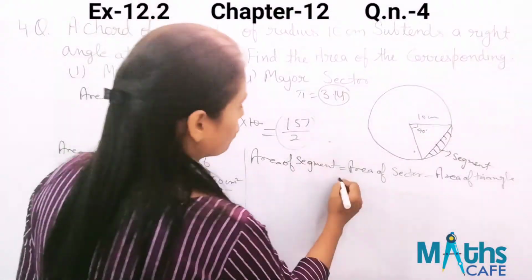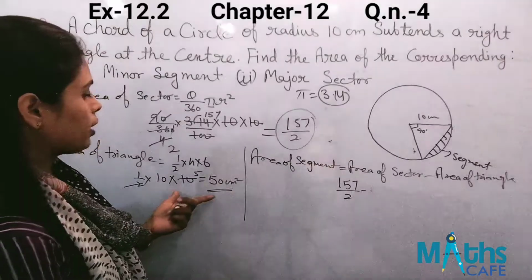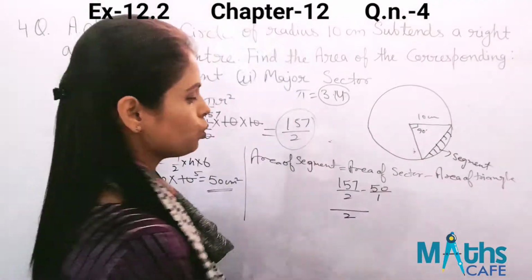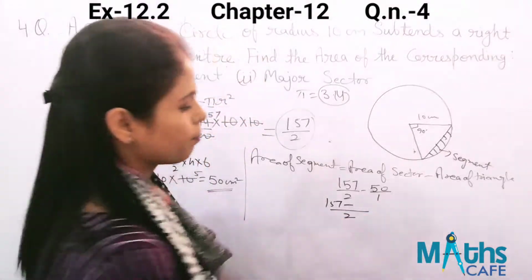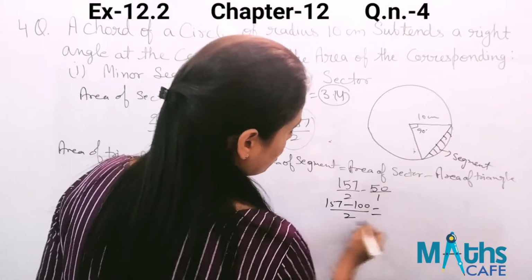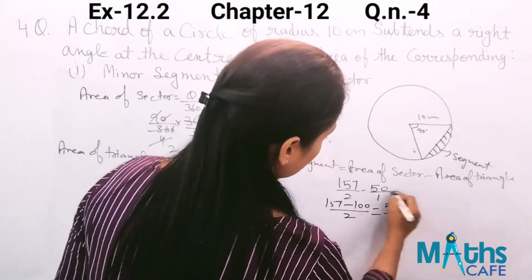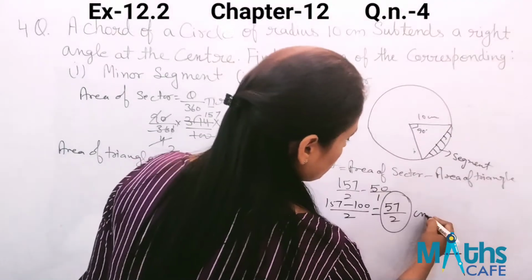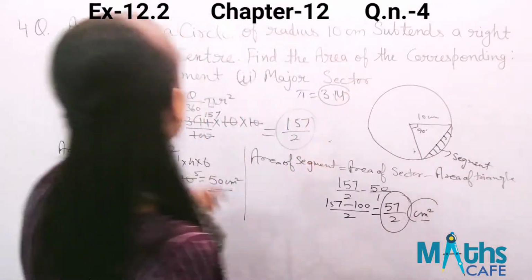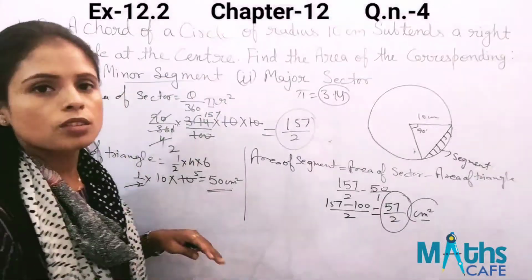Area of sector is 157 by 2 and area of triangle is 50. Then cross multiply, 157 minus 100. After subtraction, the value which will come is 57 by 2. So this is 57 by 2 centimeter square, the answer of the first part, that is the minor segment.